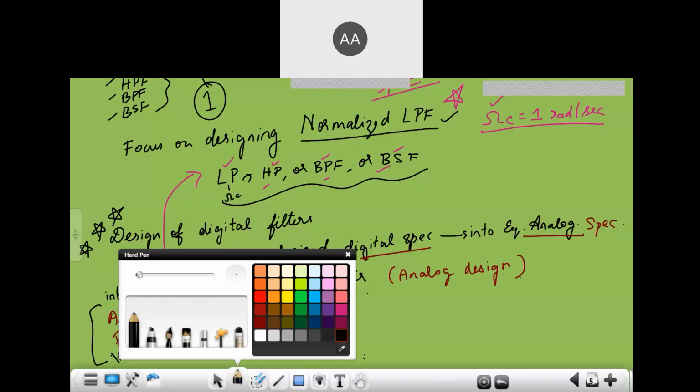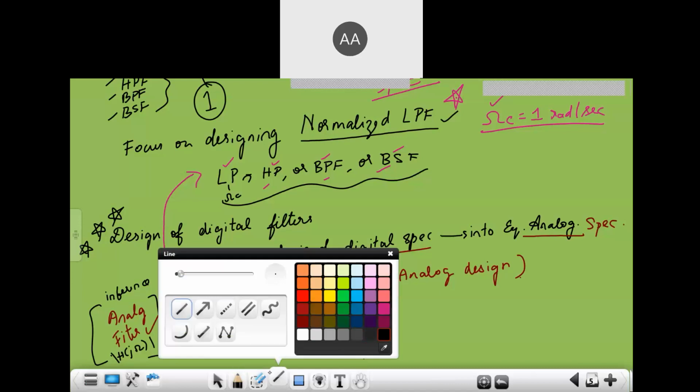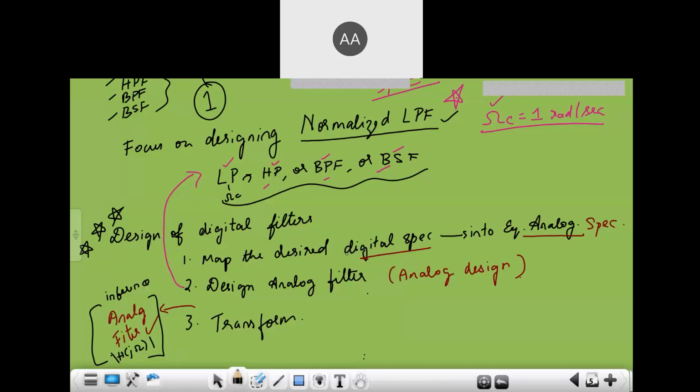So what do you do next? You will transform it, the transfer function. The transfer function, that is your H of j omega, that is the designed filter of the analog prototype. This filter is called your analog prototype.